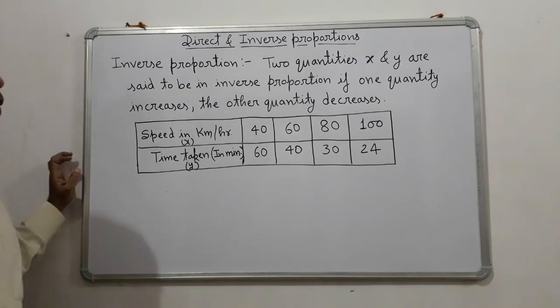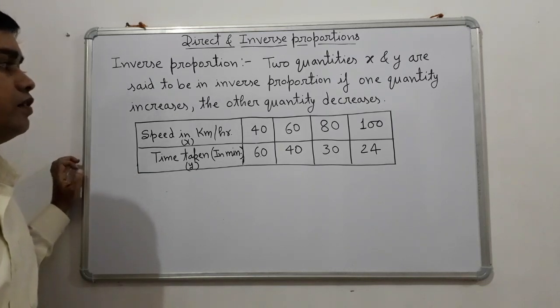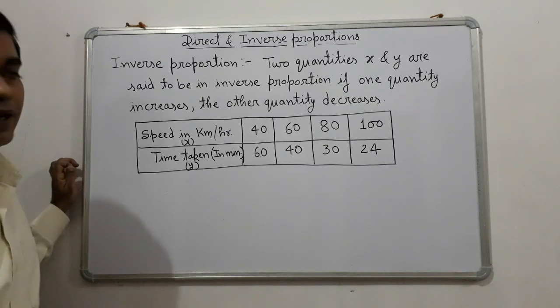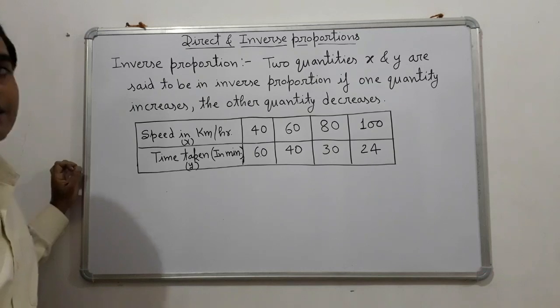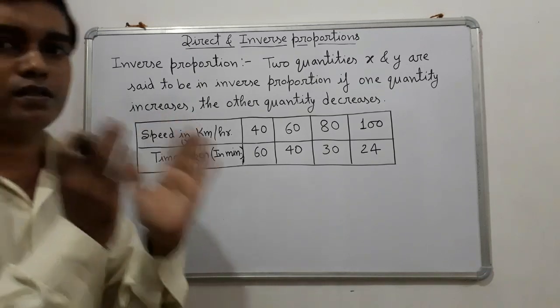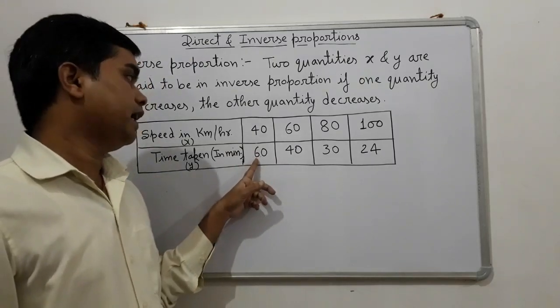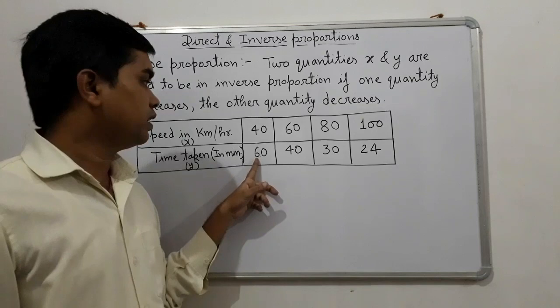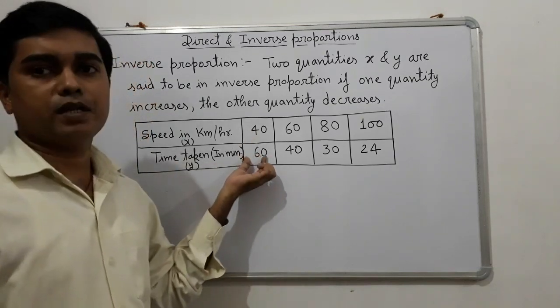See, suppose one car is moving with a speed of 40 km per hour. Then it is covering a distance. अब distance यहाँ पे कोई भी आप ले सकते हैं, means एक fixed distance है, fix. तो that car is covering that distance in 60 minutes.